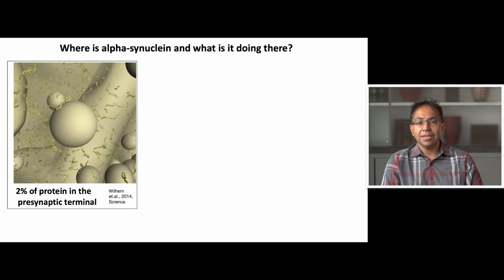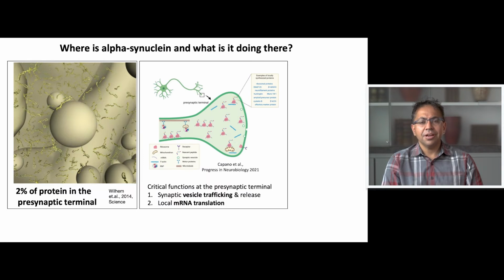We need to regulate the expression of our genes, and that's done by regulating mRNA. And that regulation is really critical for our neuron, and hence our brain function, and for the formation of our memories.